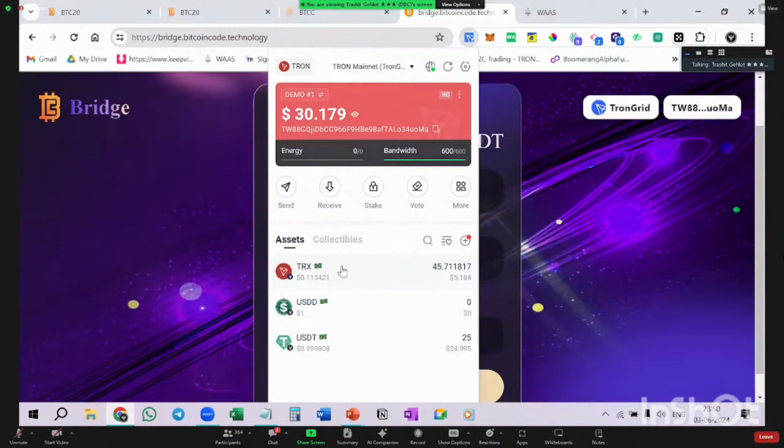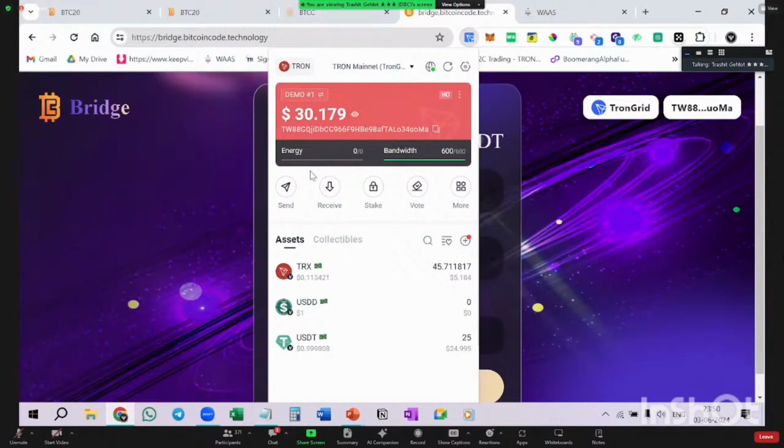TRX will be required for gas fees, and of course you have USDT that you want to transfer. So obviously USDT will also be required. Now, Tron wallets have an interesting feature called energy. There are two options to pay fees on the Tron blockchain. One option is to pay the gas fees in TRX, and the other option is to pay through energy.